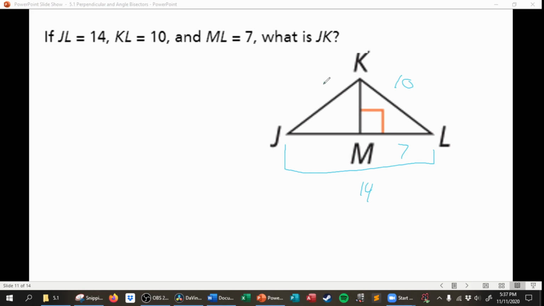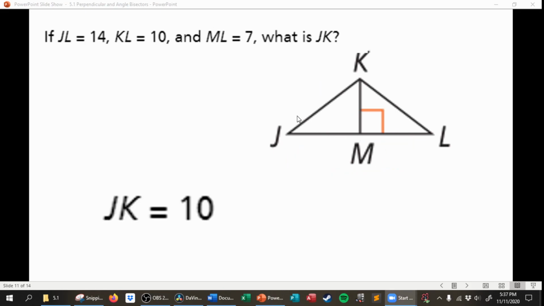So it wants to know what is this. Now, you know that this is a perpendicular bisector, because it lands right here, and 14 minus 7 is 7. And since we have that these two sides are equal and this is 90 degrees, we know that that is a perpendicular bisector. So not too much left to do from here.